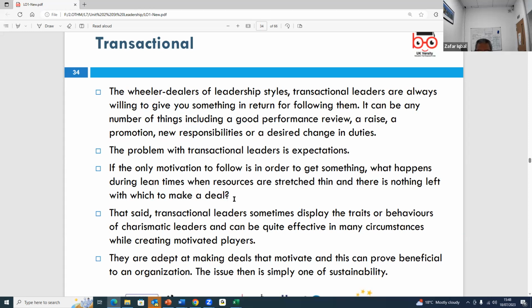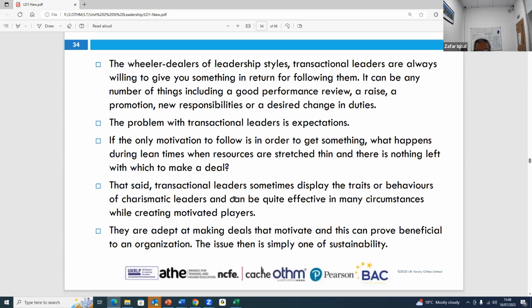Okay, and transactional leaders do display good behavior or charismatic behavior, and they can be quite effective in different circumstances to create motivated players. However, they need to be able to adapt to make sure that they benefit the organization.